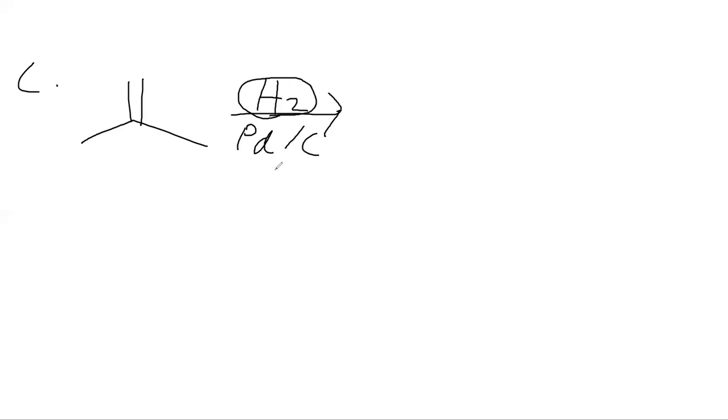It's just a catalyst, basically. It just makes the reaction go. So when you have H2 over Pd/C, all you're doing is adding hydrogen. I'm not writing very well, but we're adding hydrogen.